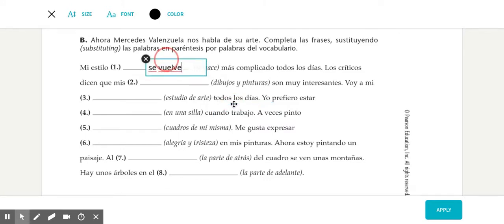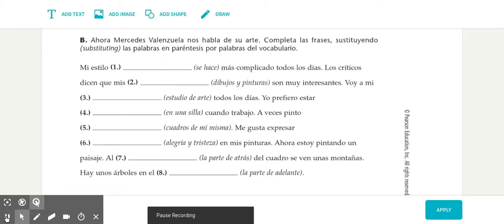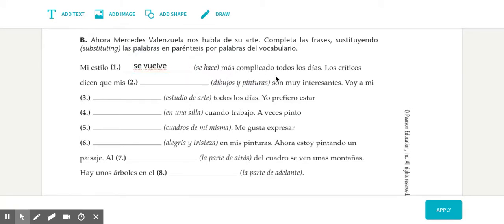Se vuelve más complicado, it becomes more complicated every day, ¿no? Todos los días. Los críticos dicen que mis dibujos y pinturas, drawings and paintings, son muy interesantes.